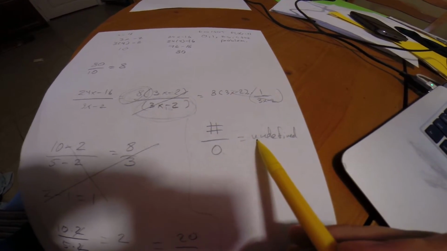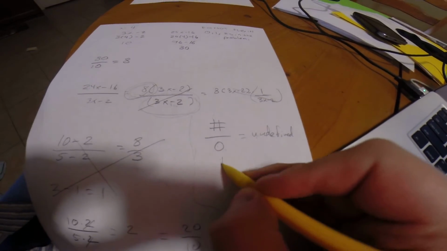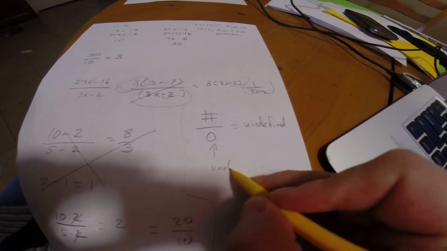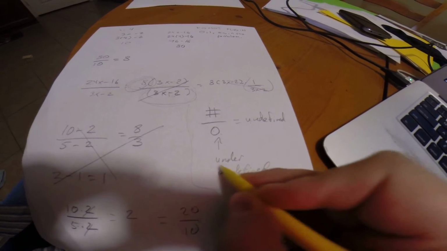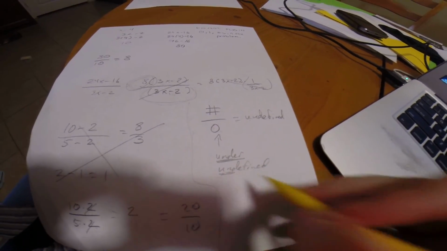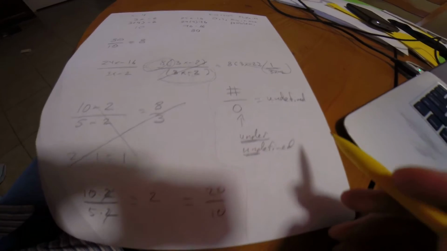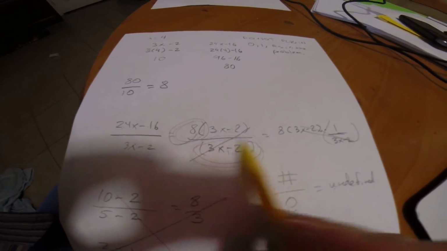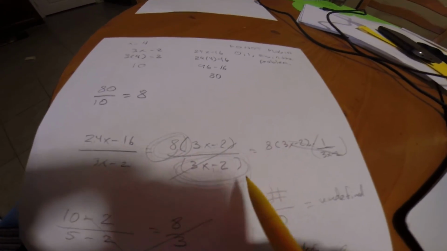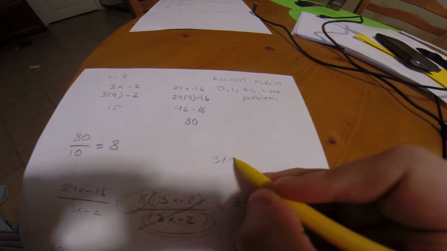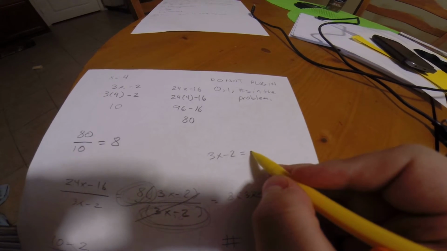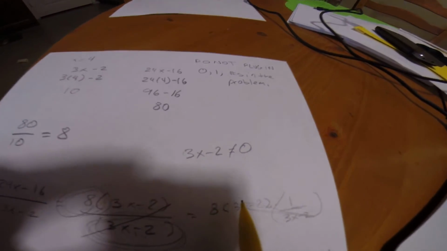If you have trouble memorizing that, and you should know that, just remember when 0 is under, it's undefined. So if this question was to be 100% legit, it really should say, as long as 3x minus 2 does not equal 0, because you can't divide by 0.